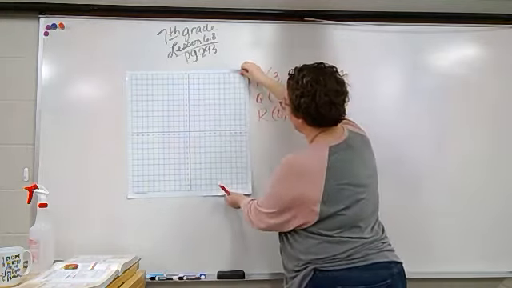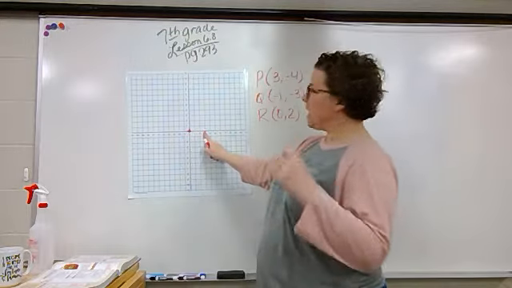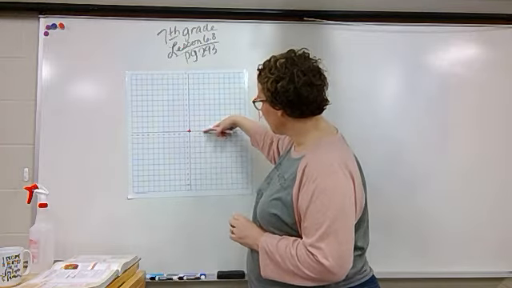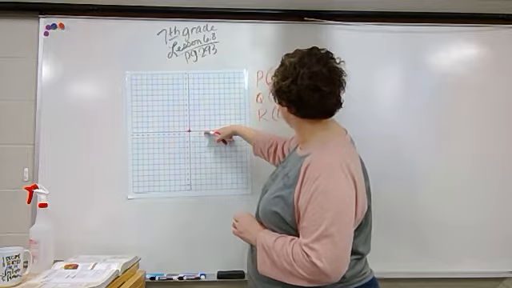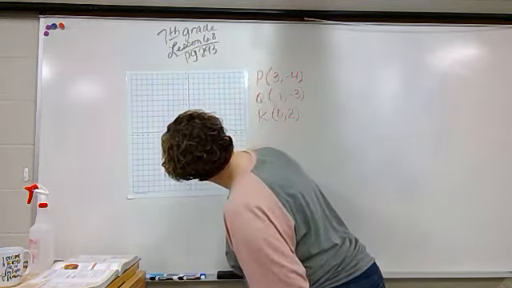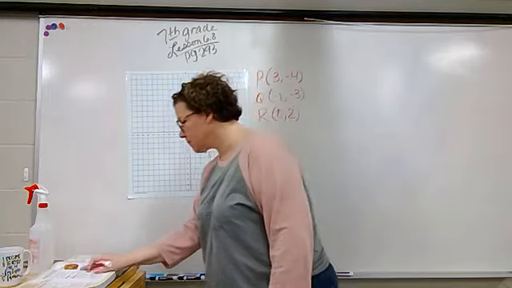So I know that my X is positive, so I'm going to start at the origin right here, and I'm going to count over 1, 2, 3. But then my Y value is negative, so I'm going to go down from here, which is 0 on the Y-axis. I'm going to go down 4 places, 1, 2, 3, 4, and I'm going to put a point right here, and this is point P.